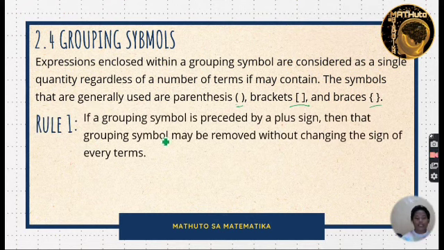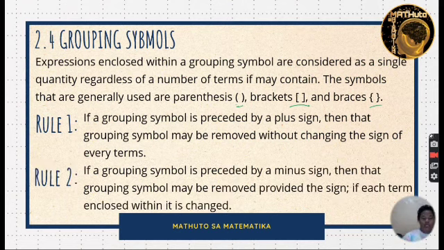Rule 1, which we will remember in evaluating expressions: if a grouping symbol is preceded by a plus sign, then the grouping symbol may be removed without changing the sign of every term, since the coefficient outside the parentheses is a plus sign.